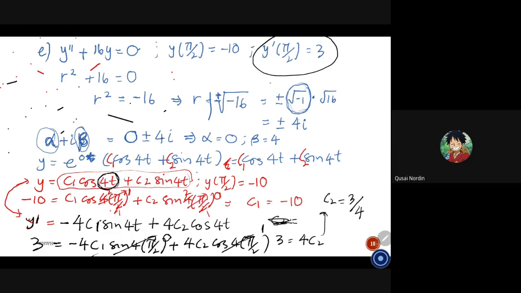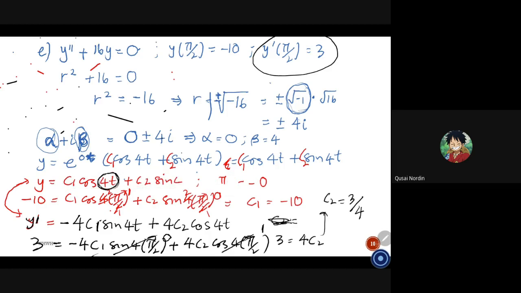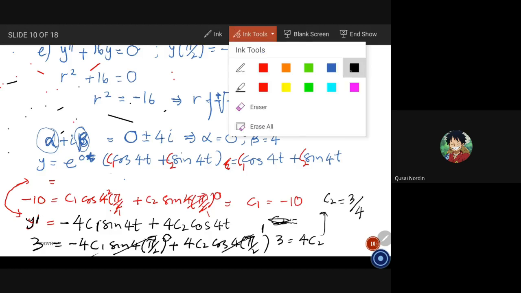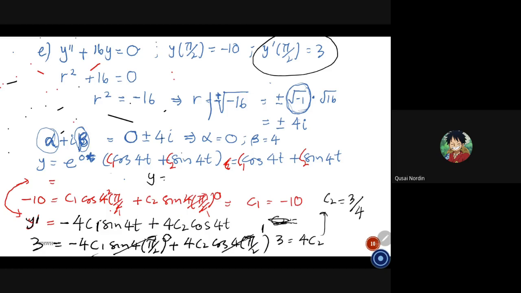Yes, agree everyone? So meaning to say, the final answer we have, okay, the final answer for this question, we get y equals negative 10 cos 4t plus 3/4 sin 4t.